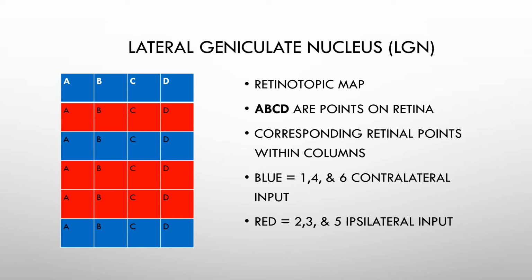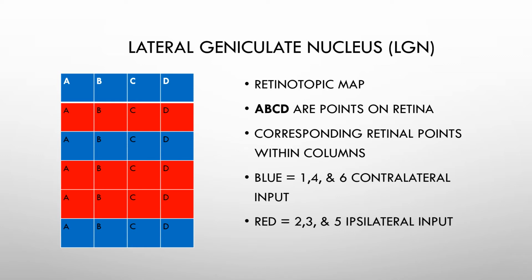And you can see that we have 6 layers in the lateral geniculate nucleus. We're not going to talk about this very much in this class, but if you take brain and behavior or neuroscience or something, the cerebral cortex, we also see these 6 layers of information, where different information is being kept in those different layers.